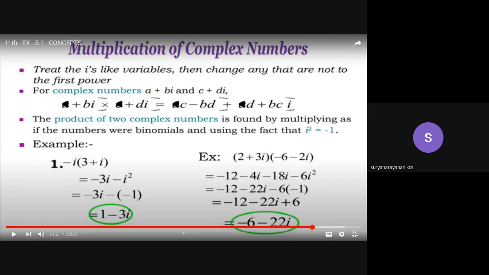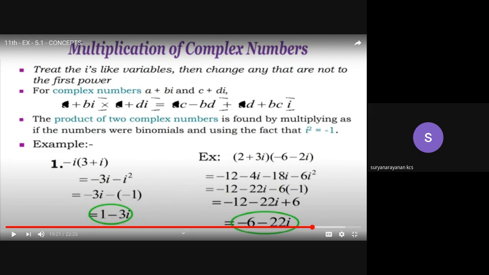Again minus 12 and 6, these two are like terms, constants. So minus 12 plus 6, what will you get here? Minus 6 minus 22i. Understood this multiplication of complex numbers, my dear children?